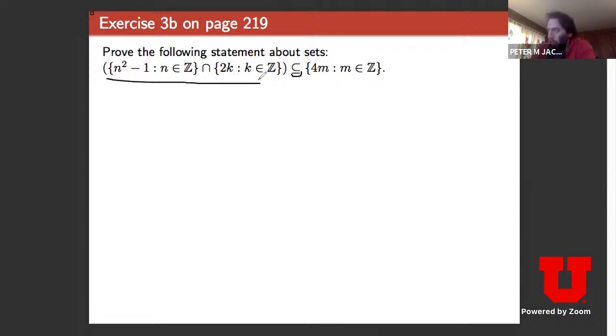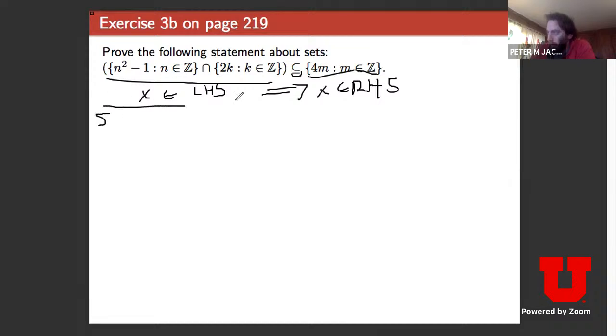In particular, we're going to show that if we take an element in the left-hand side, then we must show that it is an element in the right-hand side. Okay. So just to set that up, let's say x is in the left-hand side.